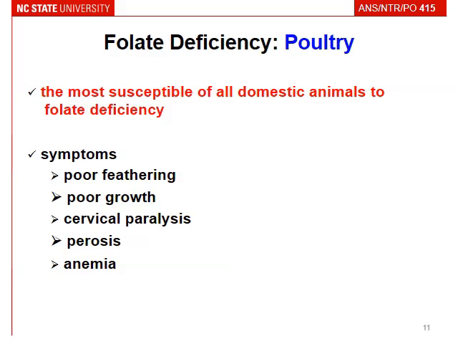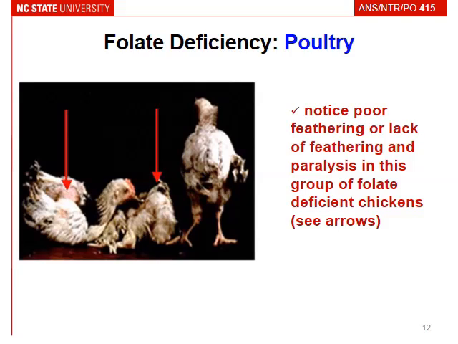And our poultry are actually the most susceptible of all the domestic animals to folate deficiency. You will observe poor feathering, poor growth, cervical paralysis, perosis, so that's that slipped tendon, and anemia in the poultry. So here you can see the two on the left.